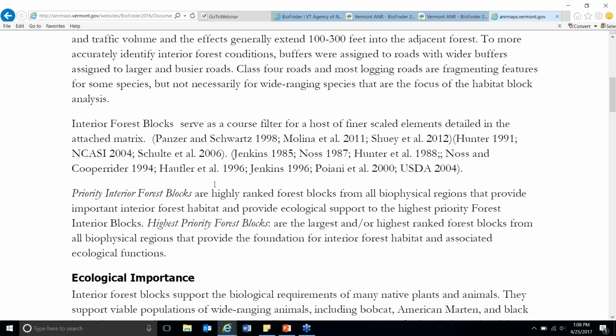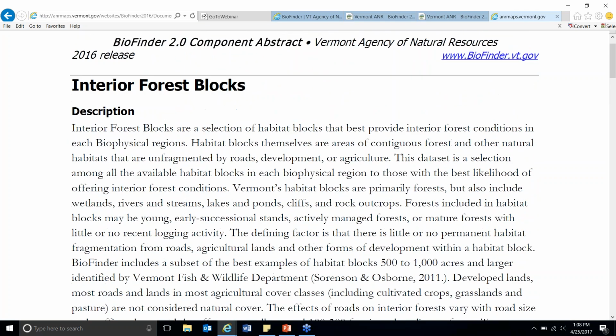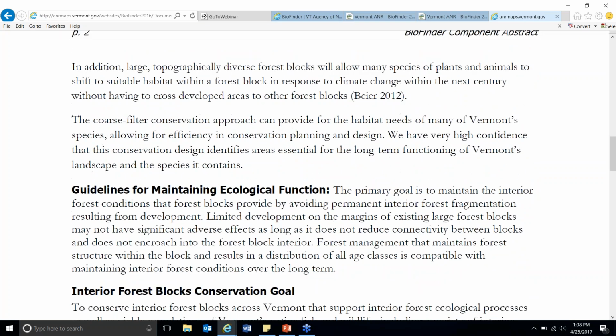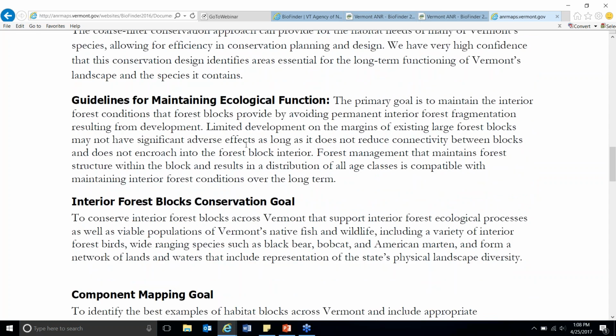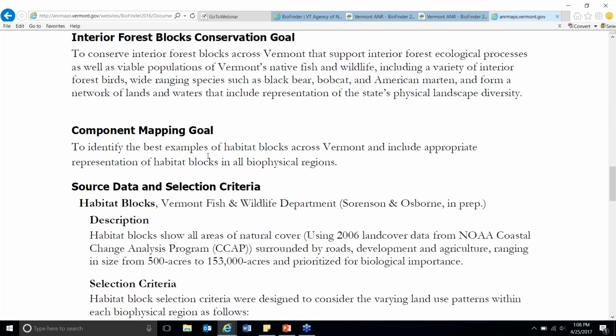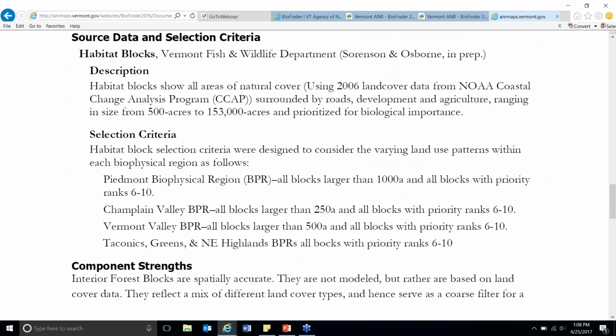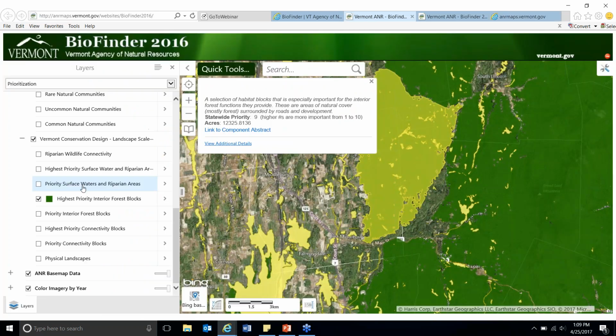And this report will pop up that tells you more about what interior forests are, what their ecological importance are, guidelines for maintaining ecological function, the conservation goal, and it tells you a little bit more about how that component was mapped as well. So you can learn more information about all interior forest blocks by clicking there.